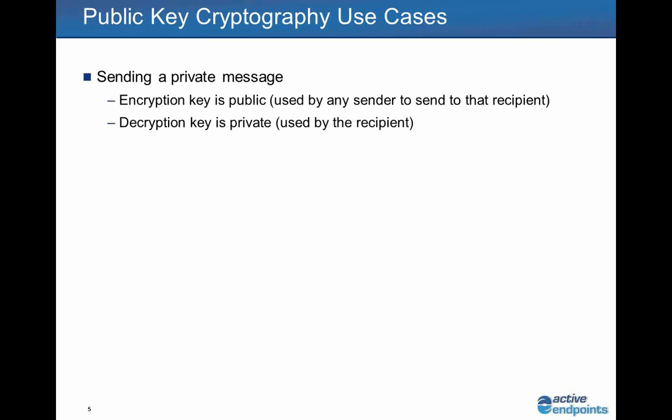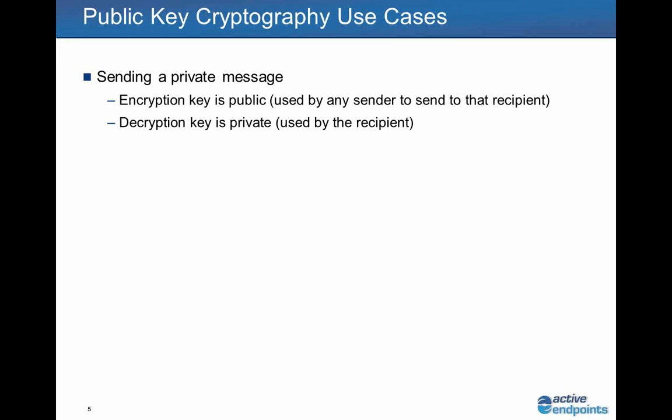So there are several use cases for this. One is sending a private message to someone. In this scenario, the encryption key is made public. Anybody in the world who wants to send a message to this person can find that person's public key and encode a message to them.